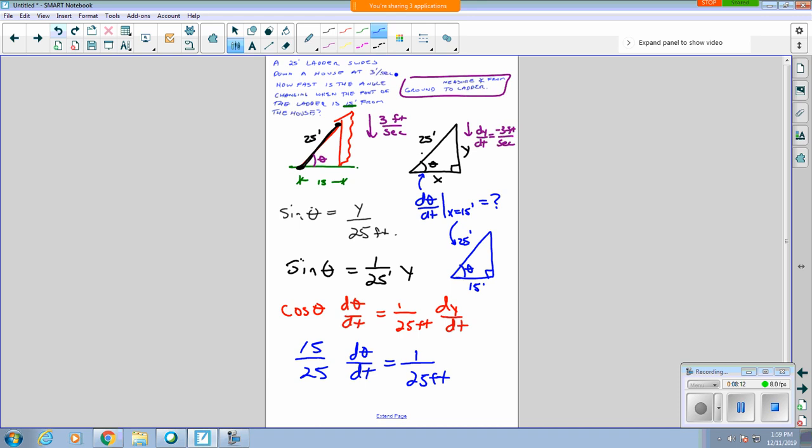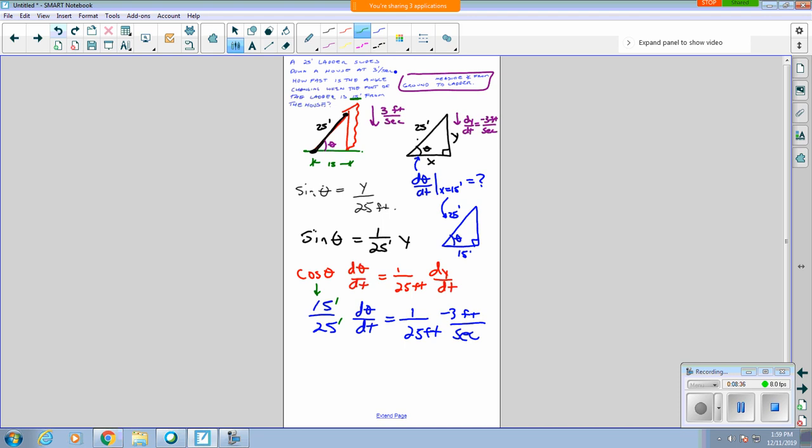And then dy dt was -3 feet per second. And everyone, I guess I should be clear, I skipped a step here. On the cosine ratio right here, it was 15 feet over 25 feet, right? So both of those feet cancel. I can show them there in green for an instant.